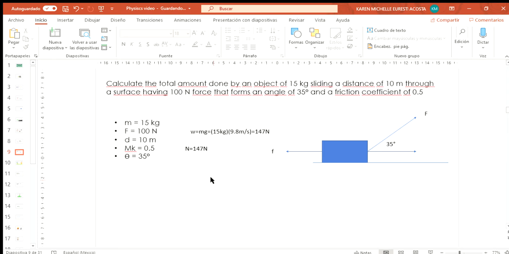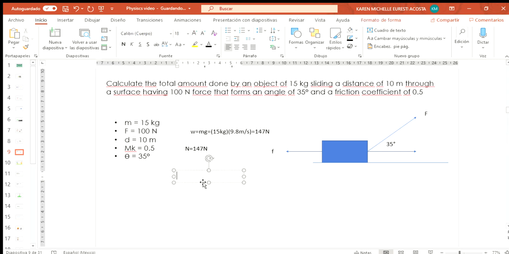Then, in order to get the friction, we'll have to use the friction formula.